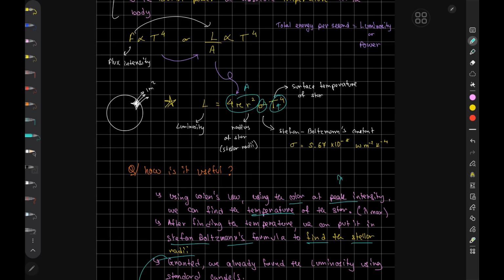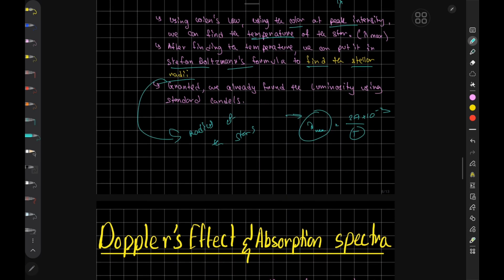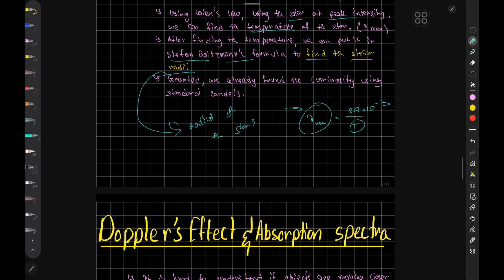They may complicate it a tad bit. They can add Wien's law over here and say use your Wien's law to find the temperature, and then do the process of finding the stellar radii. They may also give you proportionalities to say, if I increase this, how would the luminosity change? Or they may ask you, if I change the temperature, will the flux intensity change? Your answer should be yes.